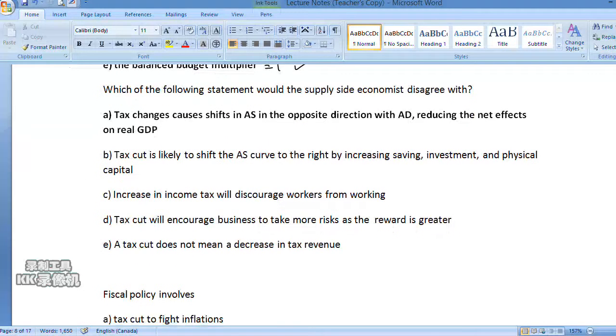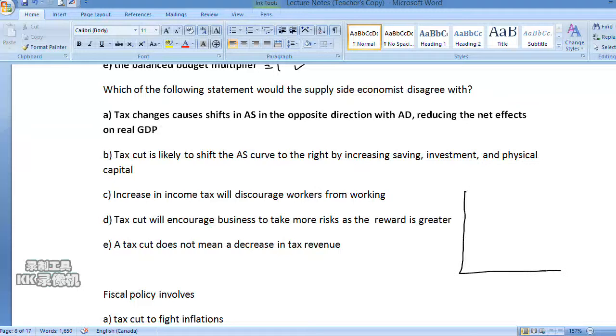Which of the following statements would the supply side economists agree? Tax changes cause shifts in the AS in the opposite direction with AD, reducing the net effect on real GDP. Is that true? No, that is not true.